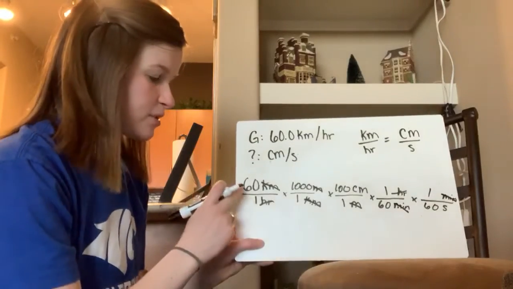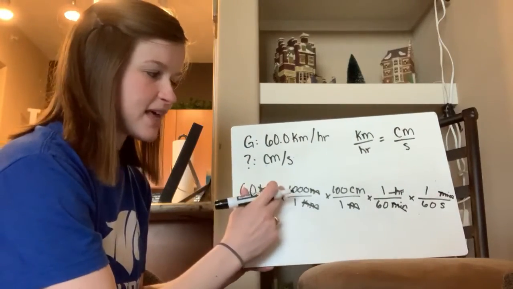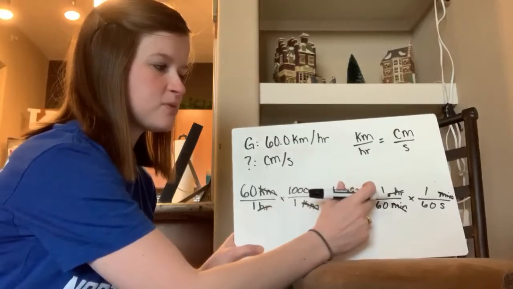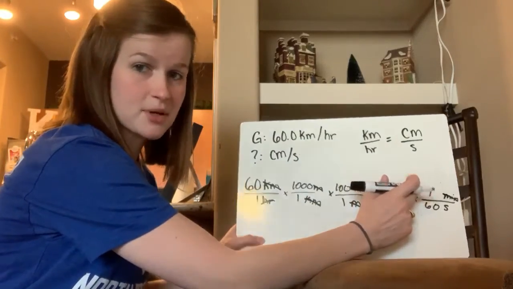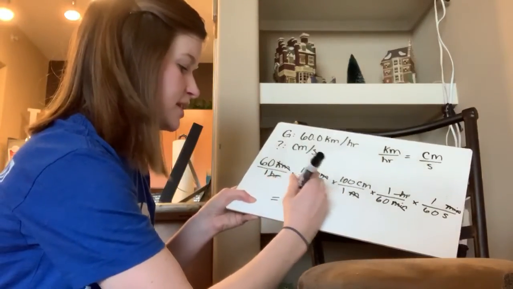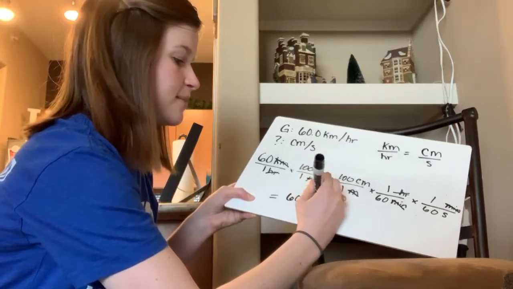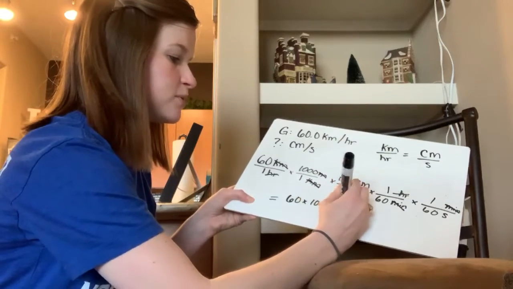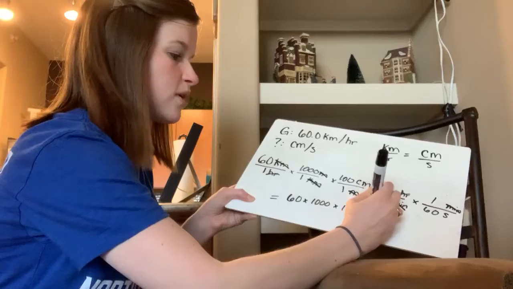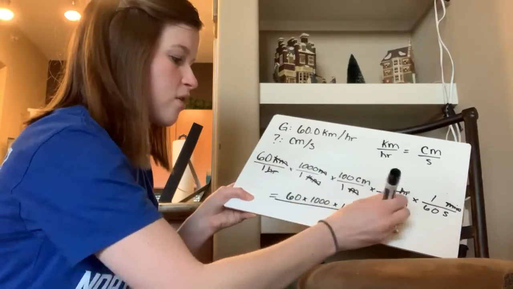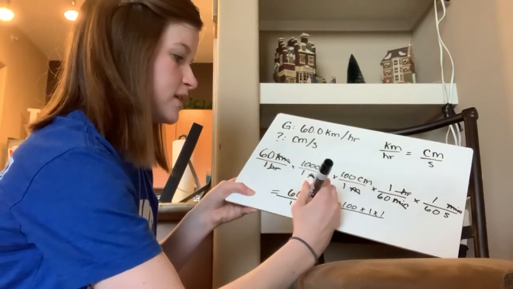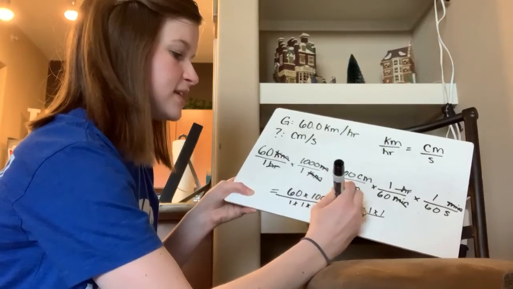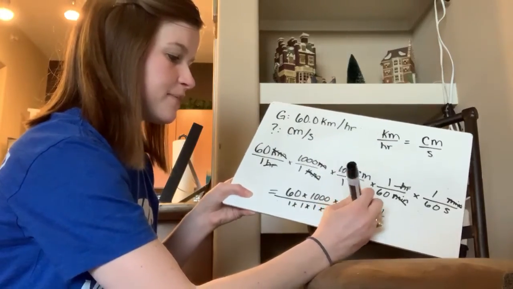Now to simplify it, we're taking 60 times 1,000 times 100 times 1 times 1. That's all of our top numbers. So I'm going to write that down here. So this is equal to 60 times 1,000 times 100 times 1 times 1, all over 1 times 1 times 1 times 60 times 60.